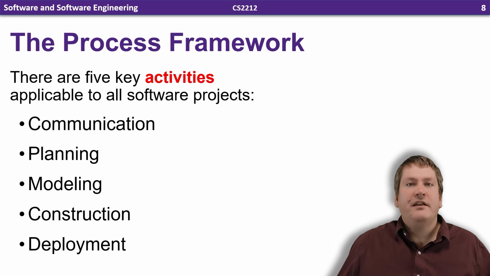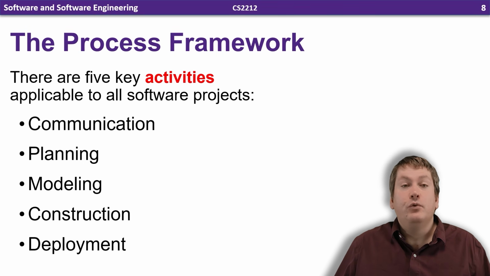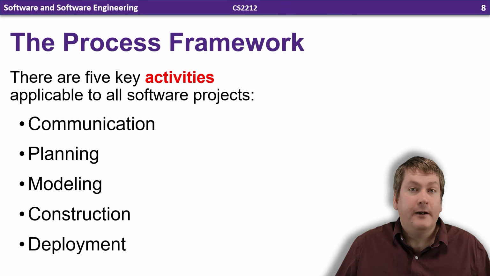And depending on the process you're using, these framework activities may be given slightly different names, but they generally fall into one of the 5 key activities listed here, which are communication, planning, modeling, construction, and deployment.